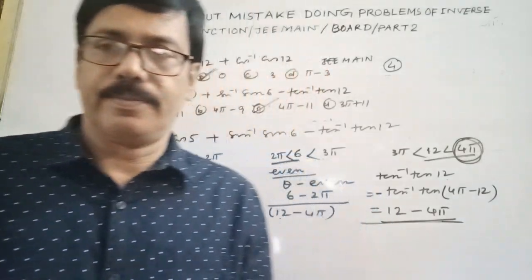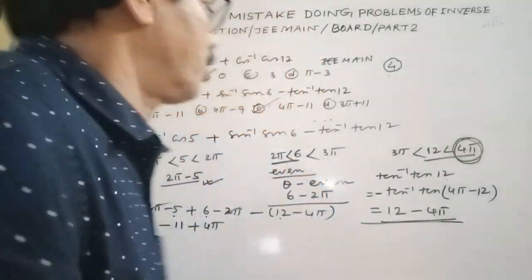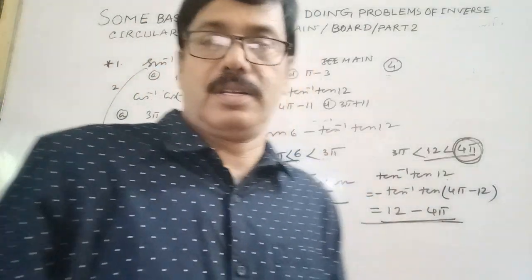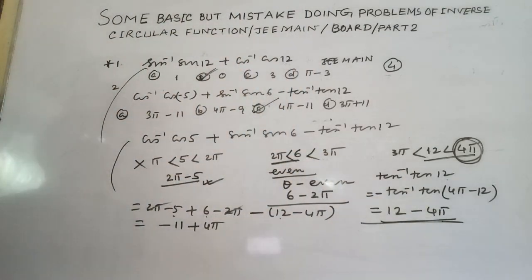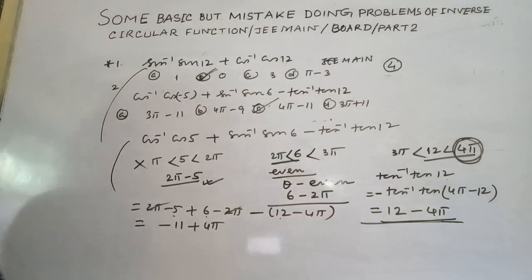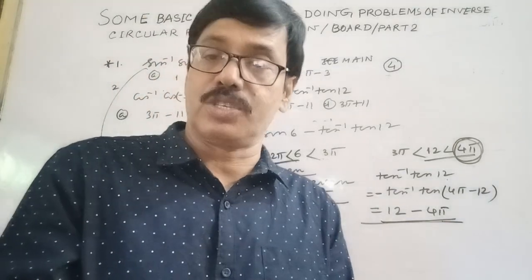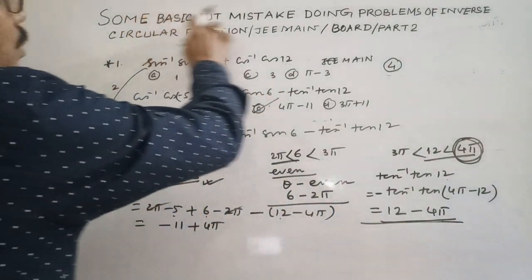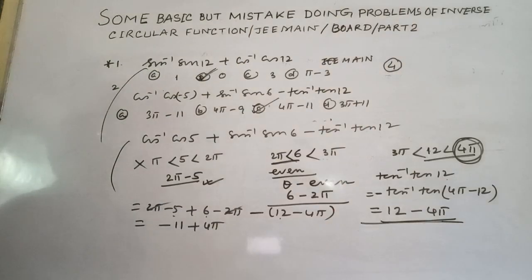So today, through this class, I have discussed how to find this type of problem. Sine inverse sin x, if x does not belong to the principal value. Some basic but mistake-prone problems.